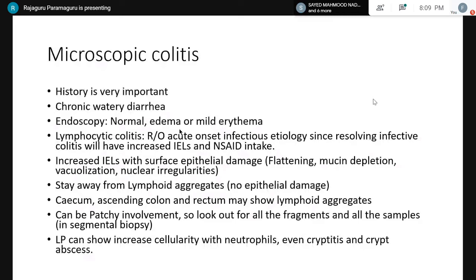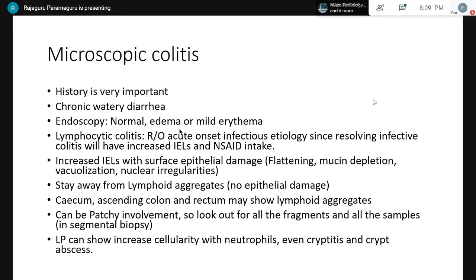The involvement can be patchy, so you will have to look in for all the fragments in a biopsy. Sometimes you might get a segmental colonoscopic biopsy, or you might get multiple punches put in the same bottle. So you will have to check all the fragments, even though they might look normal on low power.